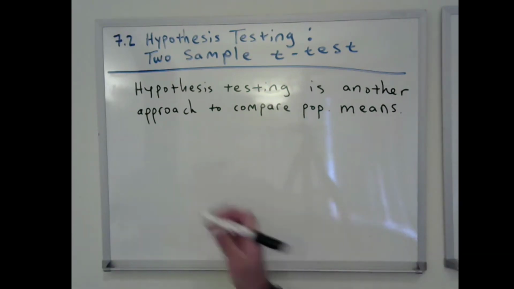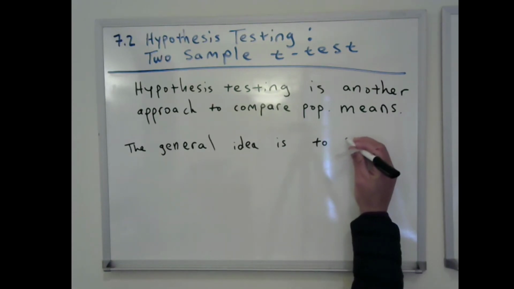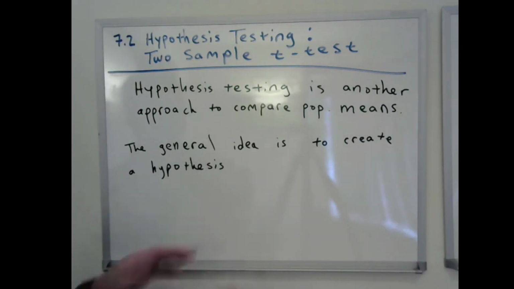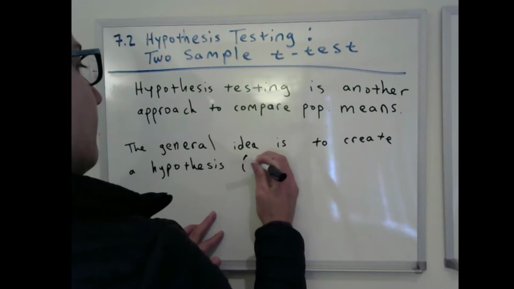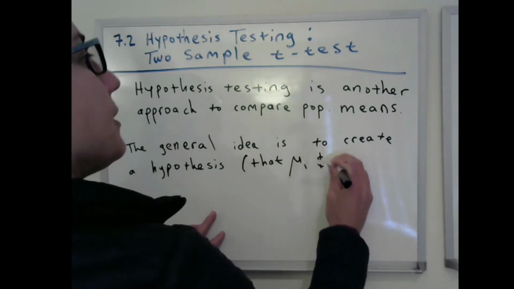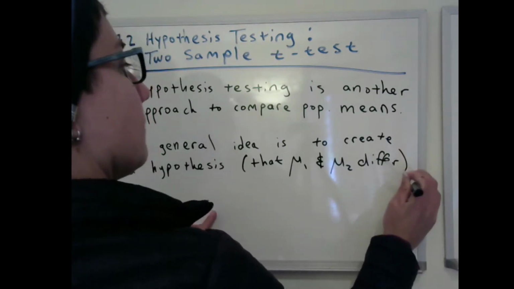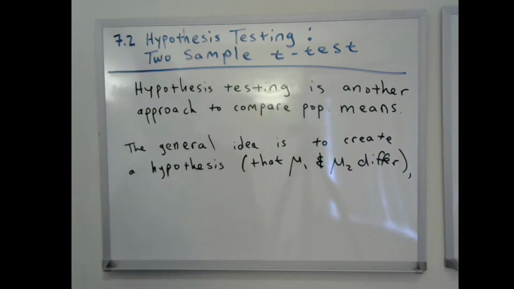And the general idea is to create a hypothesis. Typically, that hypothesis is that mu1 and mu2 are different. But then we want to test that hypothesis.